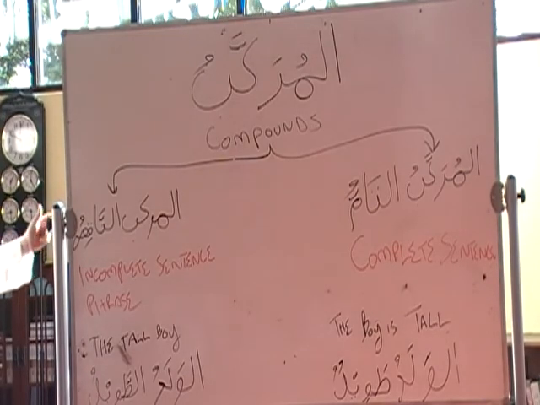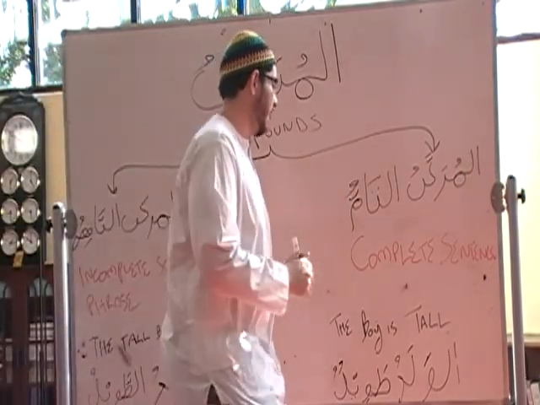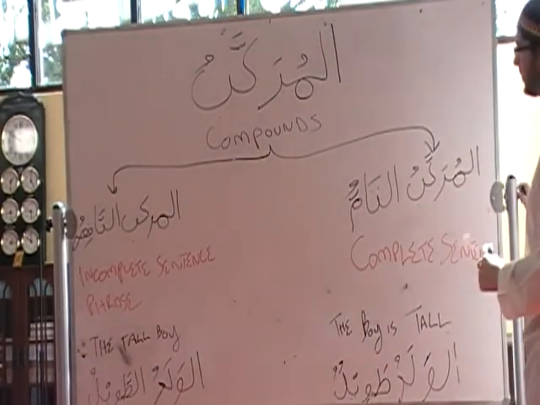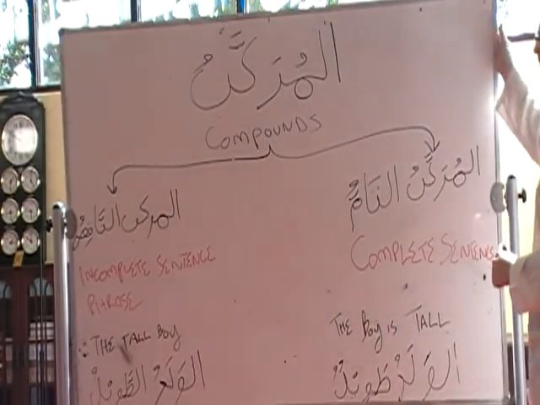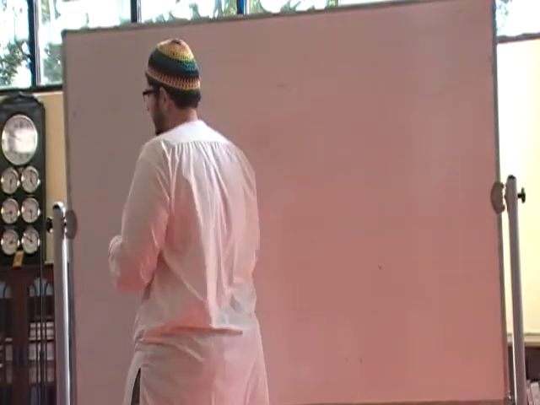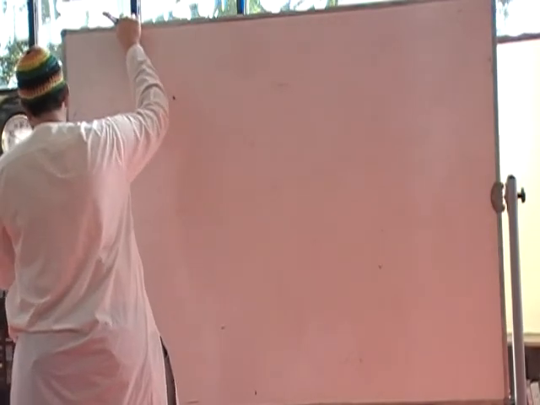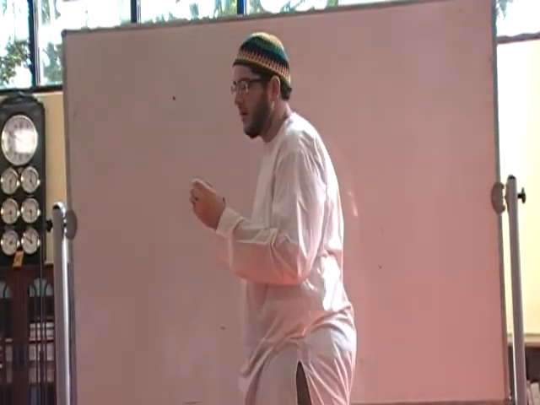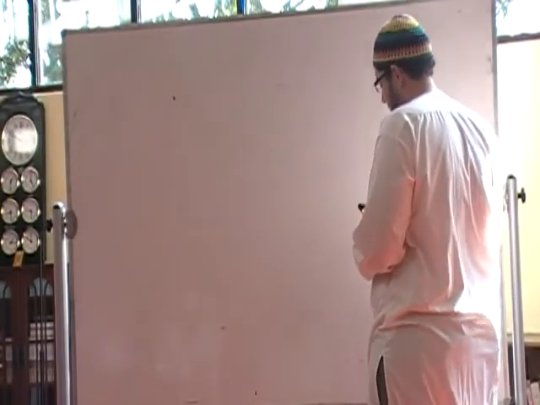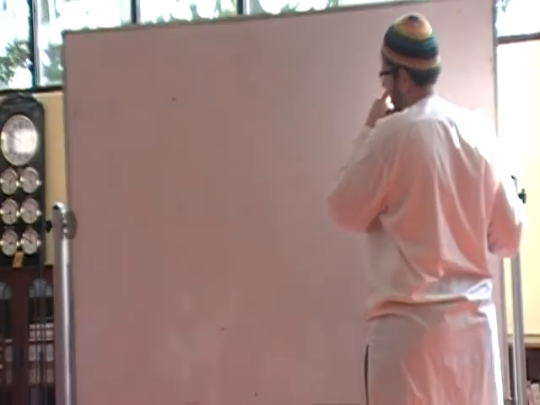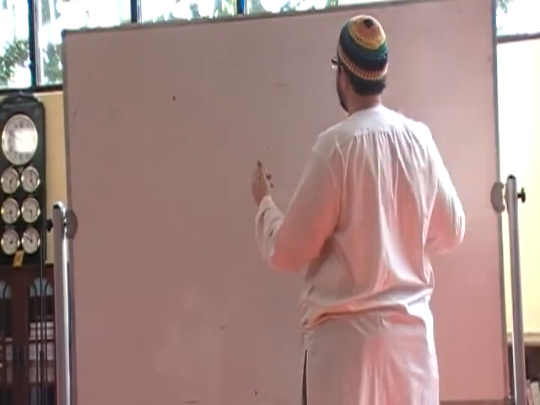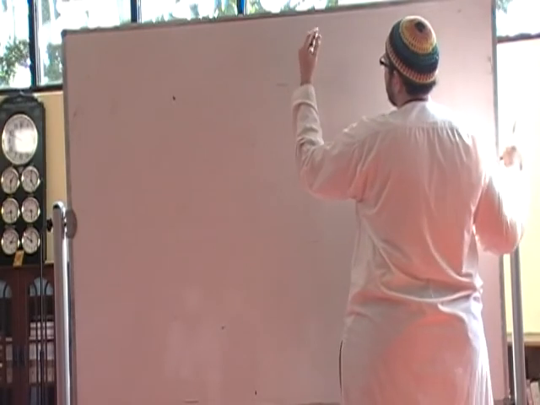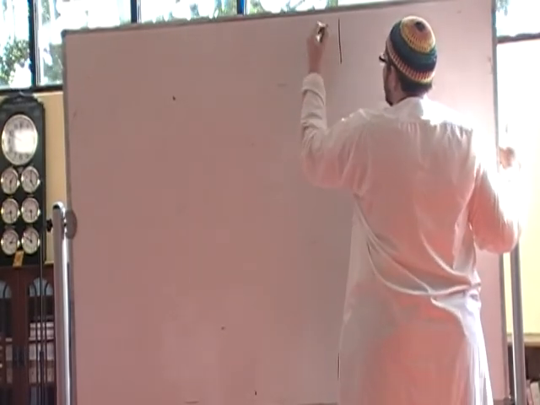Everyone have this down? Today, inshallah, we'll cover 2 of those major compounds, and the next class will be the 3rd most common. Even if you stop there, you can start reading the book very easily and understand the Quran better. Al-murakkab al-tawsifi.